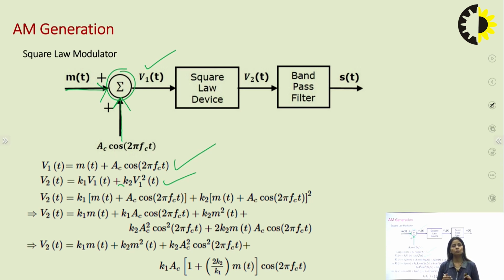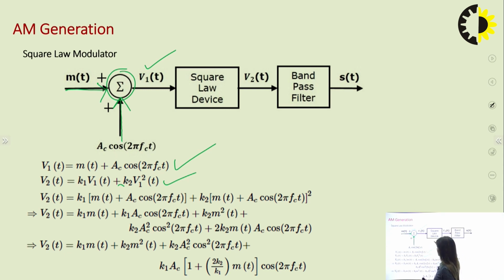That means the response of the square law device, V2(t), is equal to K1 V1(t) plus K2 V1 square(t). Try to understand: V1(t) is the input, and this is how V2(t) is calculated.